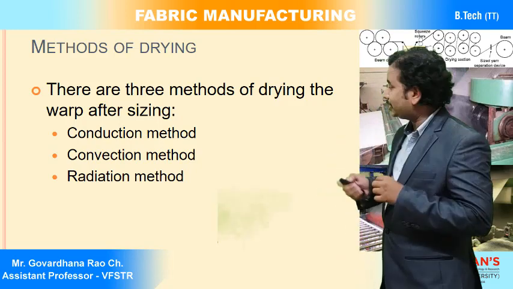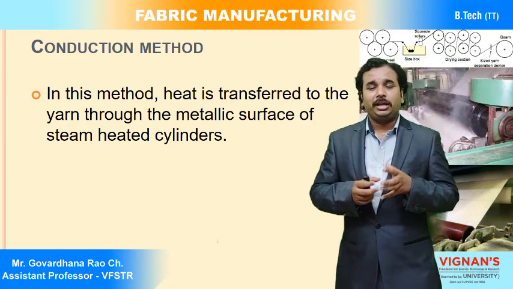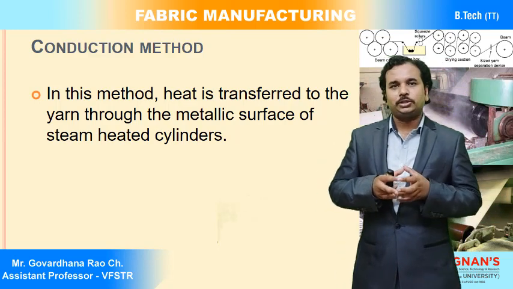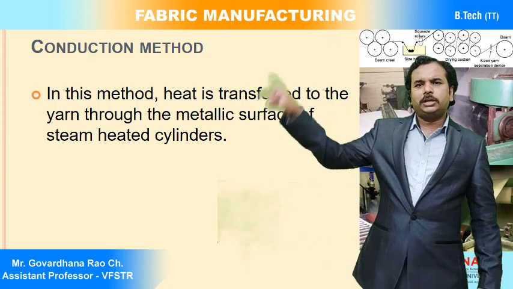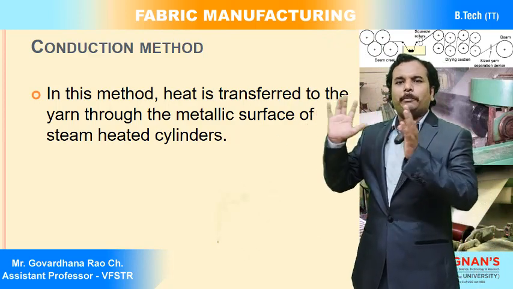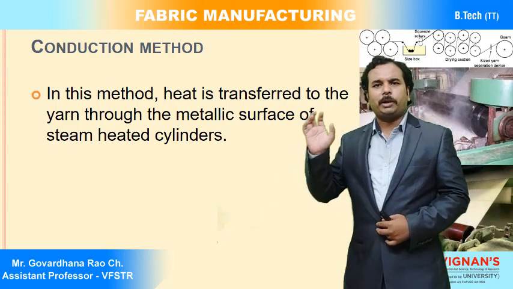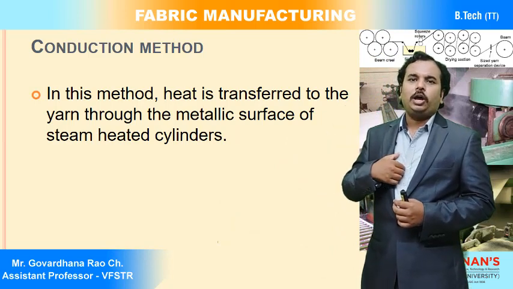First one is called the conduction method of drying. In this method, heat is transferred to the yarn through the metallic surfaces of steam heated cylinders. So there are big cylinders which are heated with the help of steam. Because of the application of steam, the cylinder is heated.